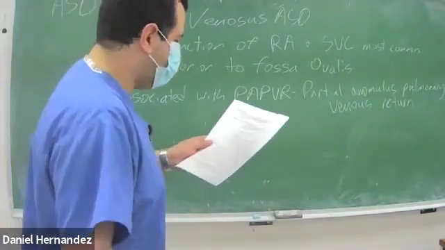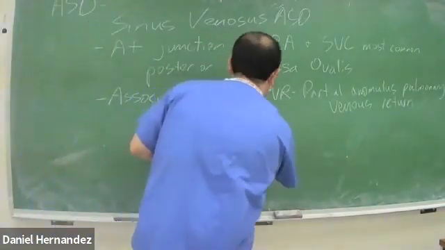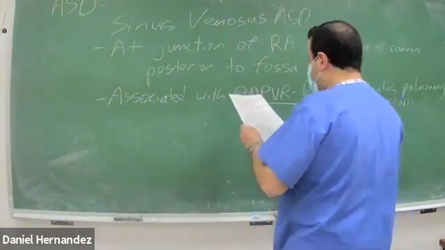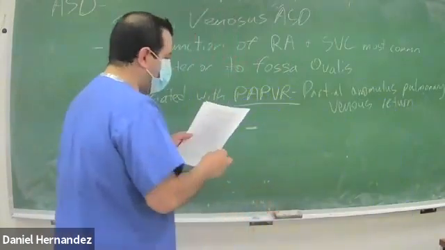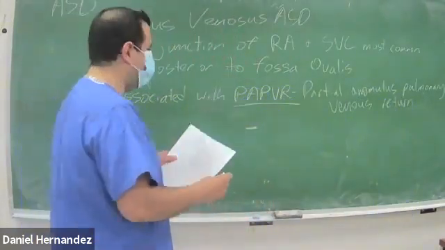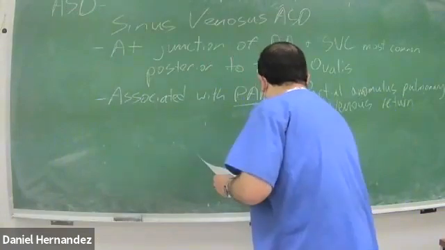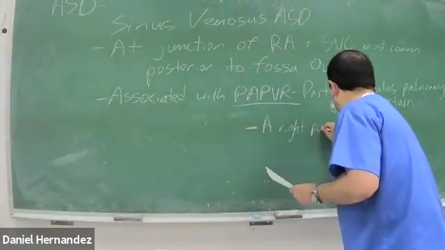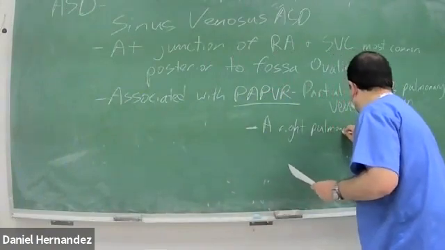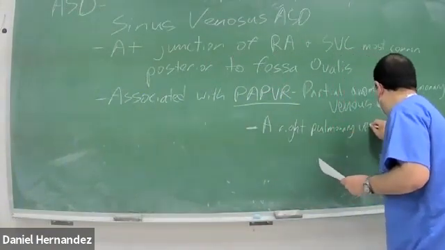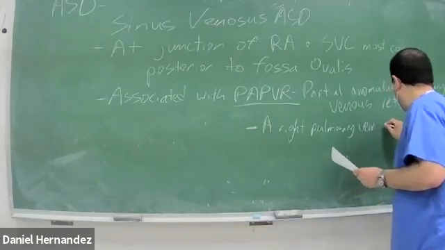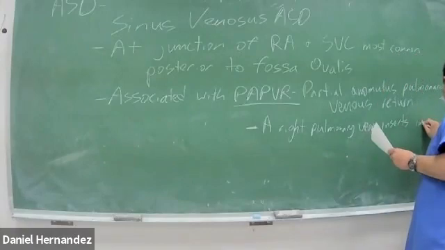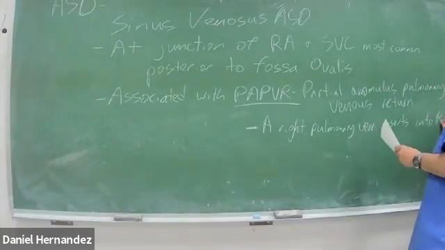So what that is: PAPVR is when a right pulmonary vein inserts into the right atria instead of the left atria.